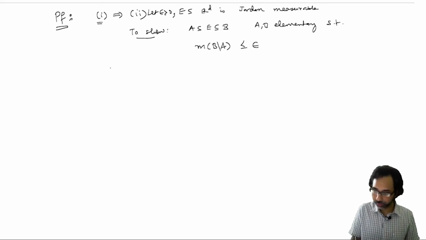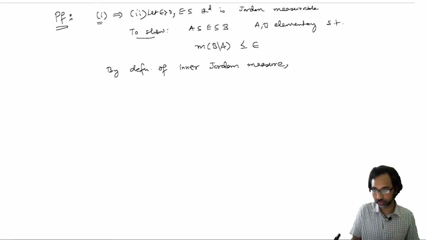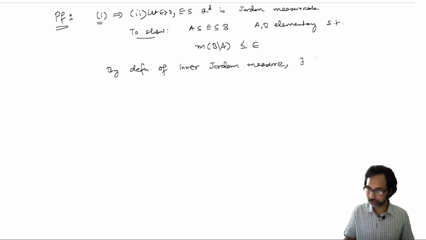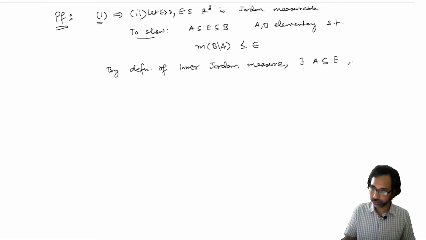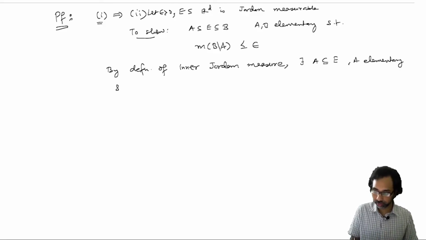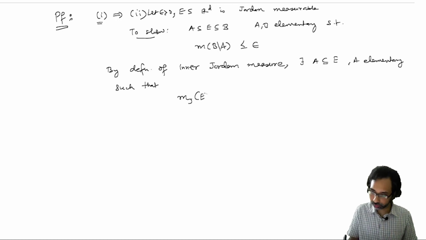So by definition of inner Jordan measure, we have that there exists an elementary subset A of E such that the inner Jordan measure of E is less than or equal to m of A plus epsilon over 2.